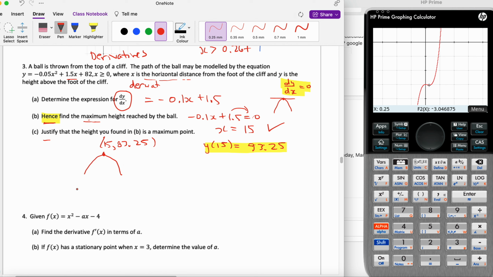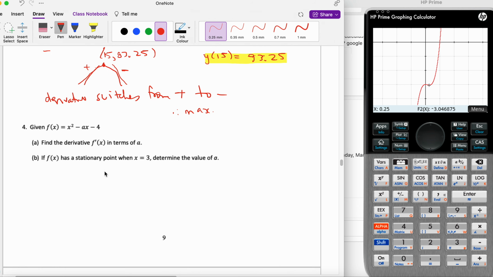So what you can say is something like the derivative switches from being positive to being negative. When it was positive and then it goes into being negative, you can do this with specific values as well. Then what you have is a max.